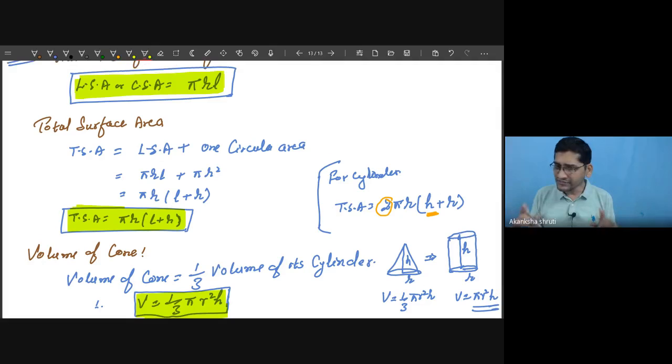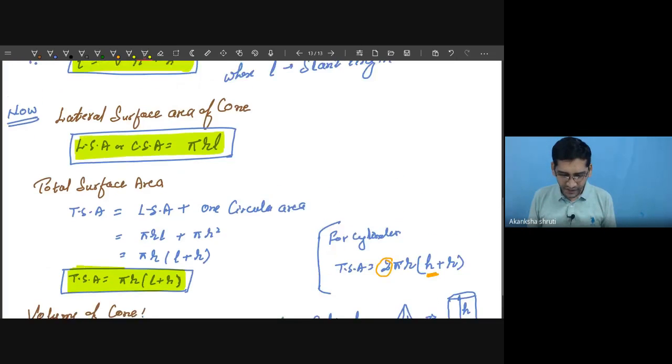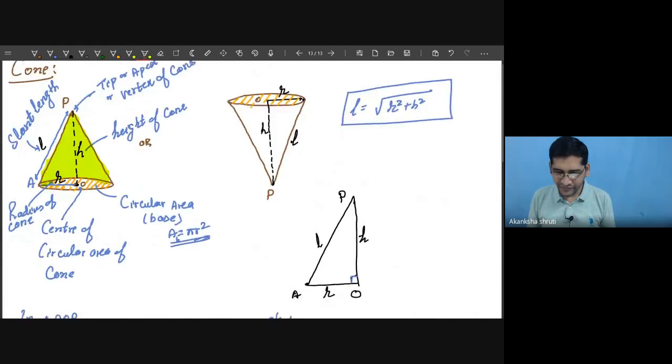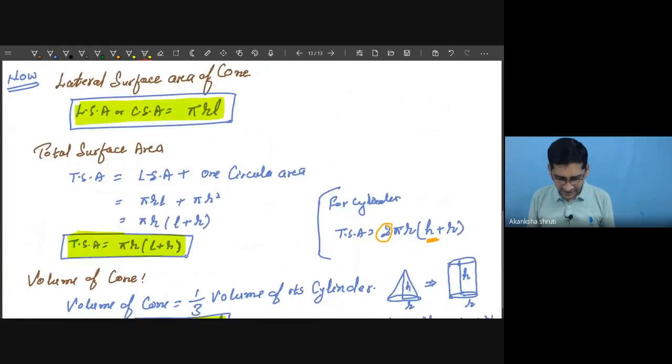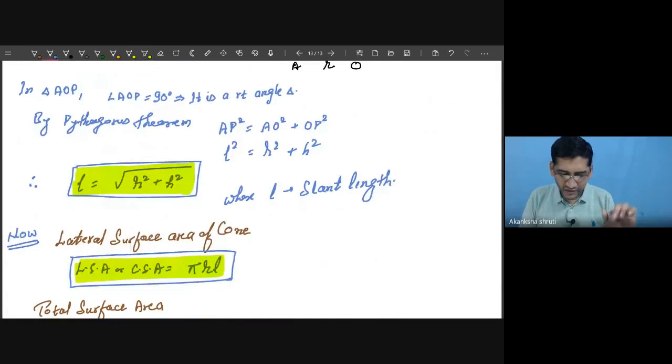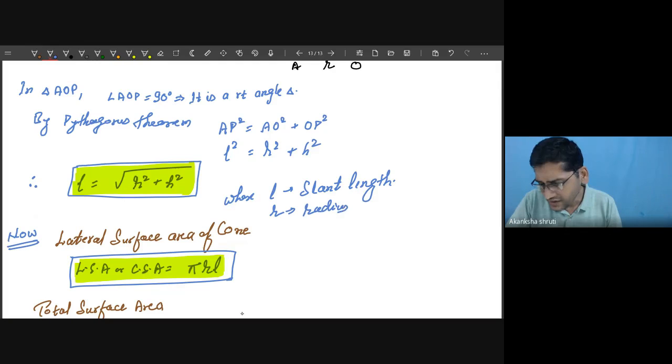Okay, students? So this way you have to keep in mind the corresponding denotations. We had already denoted them here. So these are the important formulas that you have to keep in mind. Where l denotes the slant length, r denotes the radius of the cone, which is the radius of the circular section of the cone, and h is the height of the cone.